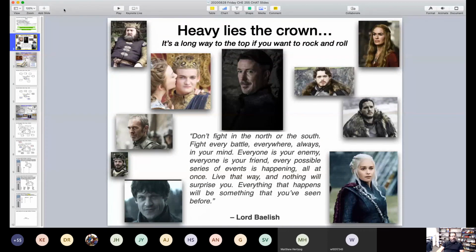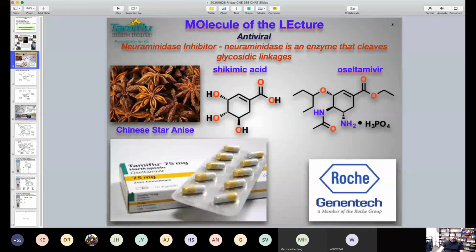So let's go ahead and move on. We saw this molecule Tamiflu in the last chat session. Again, here it is. The common name is oseltamivir, sold by Roche as Tamiflu. Here are the pills. What I want to do today is identify the functional groups present in this molecule.